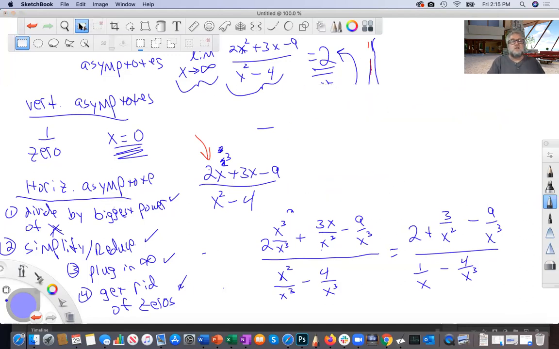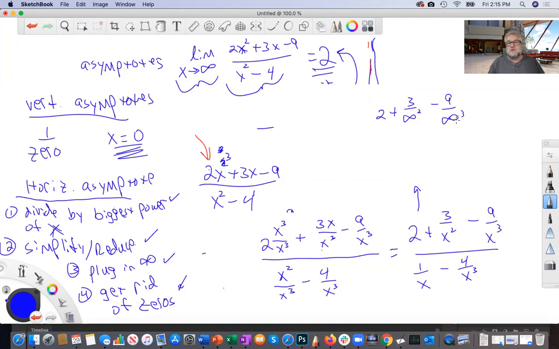So now I'll plug in infinity. If I go up here, I'm going to get 2 plus 3 over infinity squared minus 9 over infinity cubed, over 1 over infinity minus 4 over infinity cubed. Now get rid of the zeros.